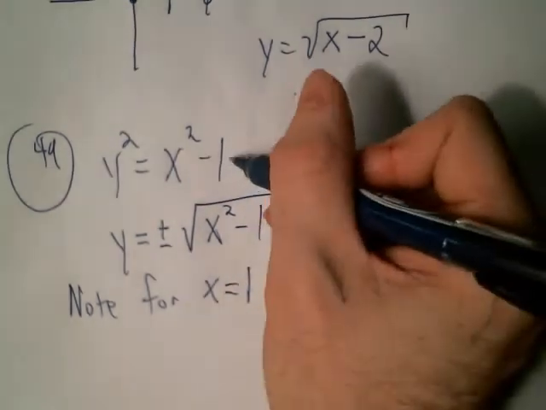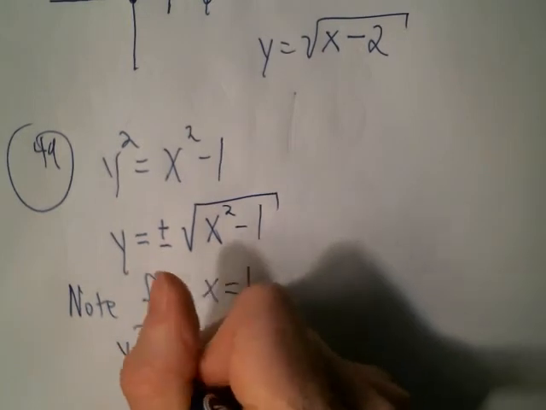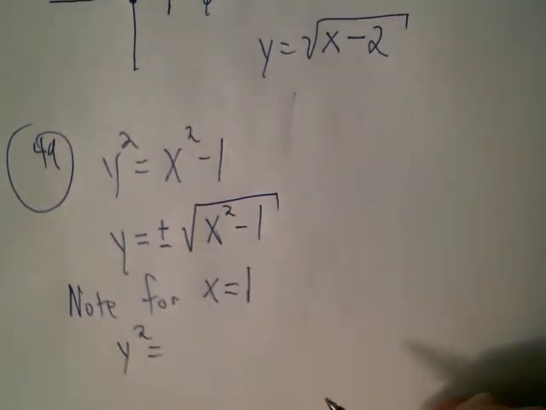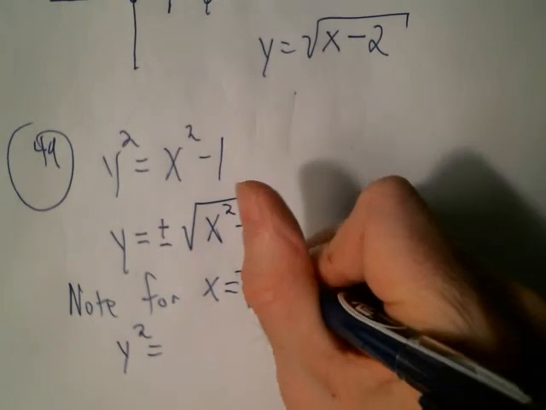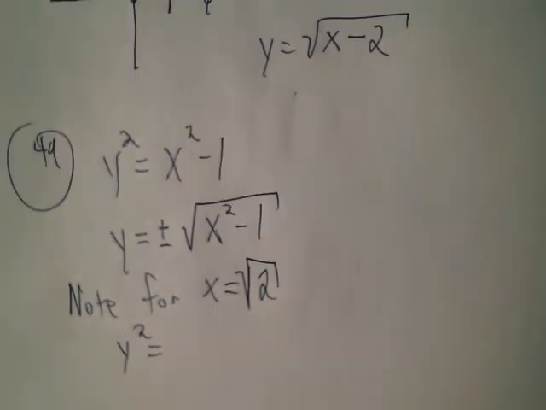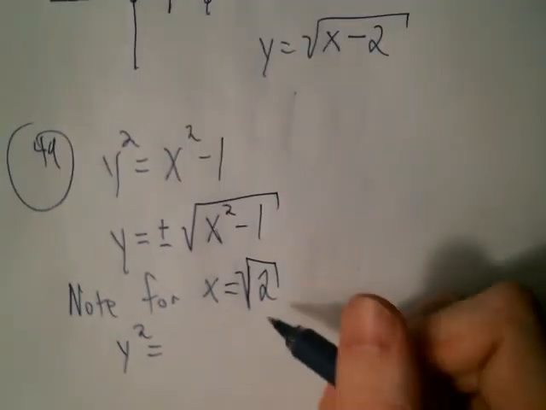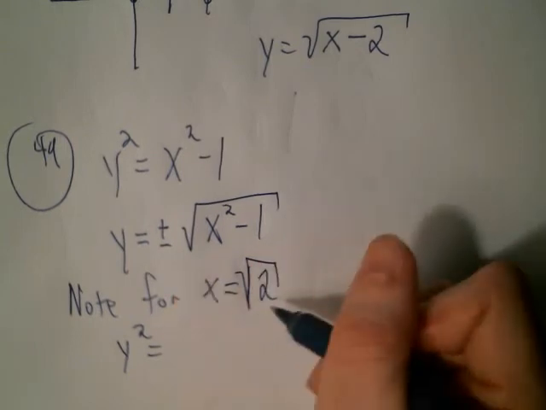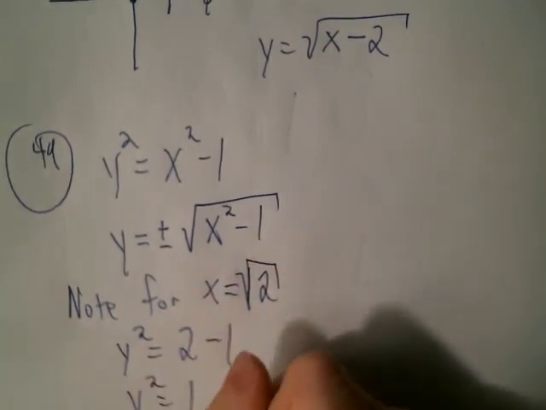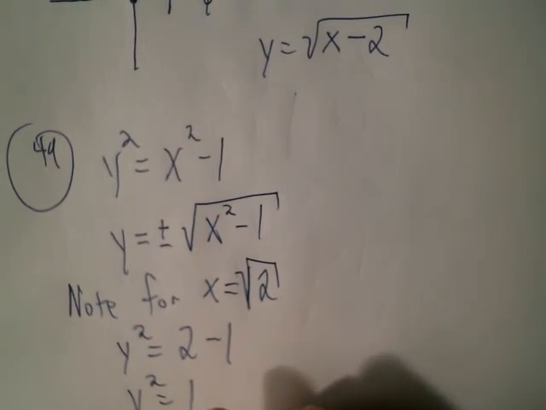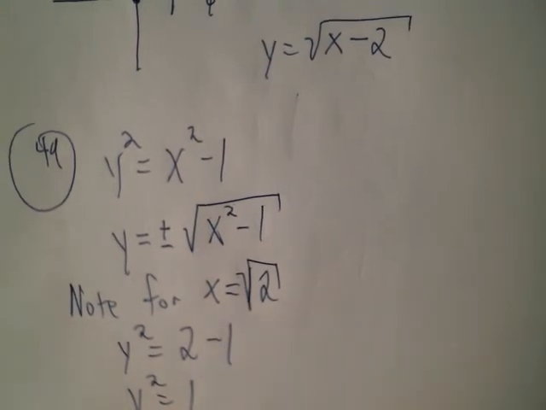So when you put 1 into here, you get y squared equals, well, I guess this is the only place you're going to get the 1 at, right? So let's try x equals the square root of 2. Okay? So for x equals square root of 2, y squared will equal 2 minus 1, and then y squared equals 1, and then y will equal plus or minus square root of 1, which is 1.